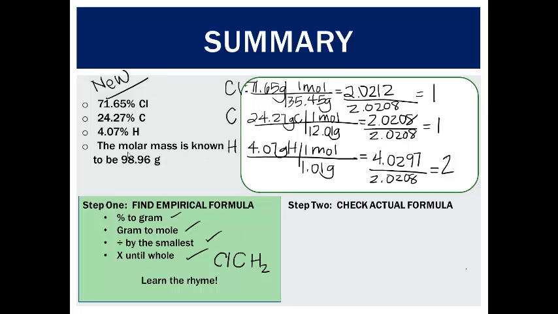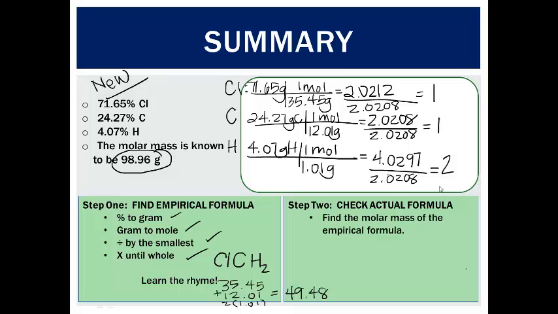Okay, so molar mass, 98.96 grams. So add up a chlorine. Right, look on the periodic table. Chlorine, 35.45. Plus a carbon, 12.01. Plus 2 hydrogens. The molar mass of this compound, this empirical, is 49.48. So, to check for the actual formula, find the molar mass of the empirical. That's what we just did here. Does it match the given molar mass?